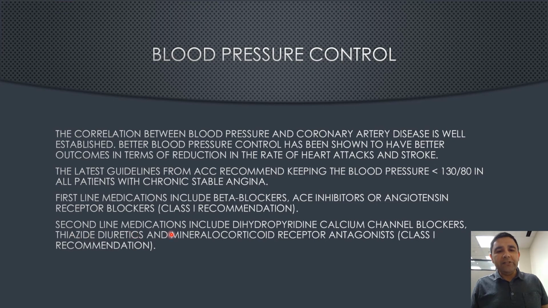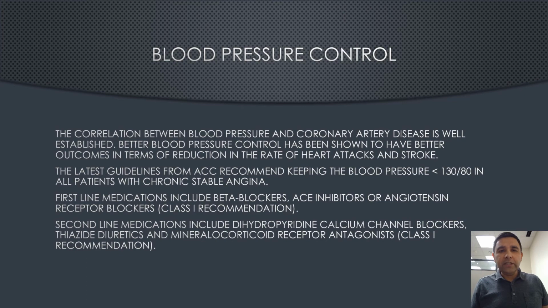The second line medications, if you cannot control the patient and you already have them on a beta blocker and ACE inhibitor or angiotensin receptor blocker, you can use dihydropyridine calcium channel blockers, thiazide diuretics, or mineralocorticoid receptor antagonists. This is also a class 1 recommendation, which means that everybody has consensus that if the blood pressure cannot be controlled by the medications above, then you can pick one of these medications, and as second line medications, these are the accepted recommendations.